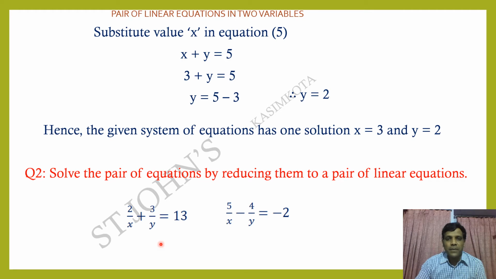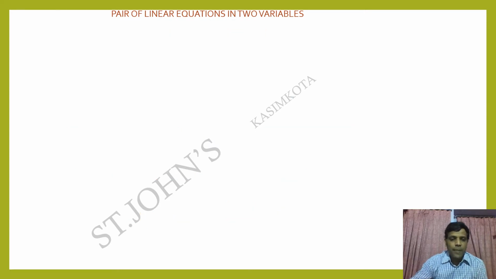Are you clear? Okay. 5/x is written as 5 into 1/x, minus 4/y means 4 into 1/y equals −2. Now putting 1/x = a and 1/y = b. Okay students, now next step, the solution part.